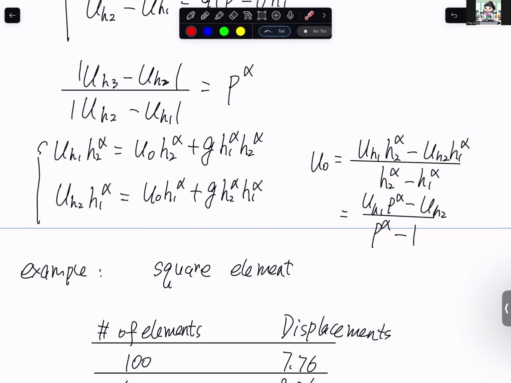Great question. So yes, U naught will always be greater than UH1, UH2, UH3, because in the convergence study, it's always converging from below. The reason is that FEA can only do approximation. What does approximation mean? We only use a lower order polynomial to model a higher order one.